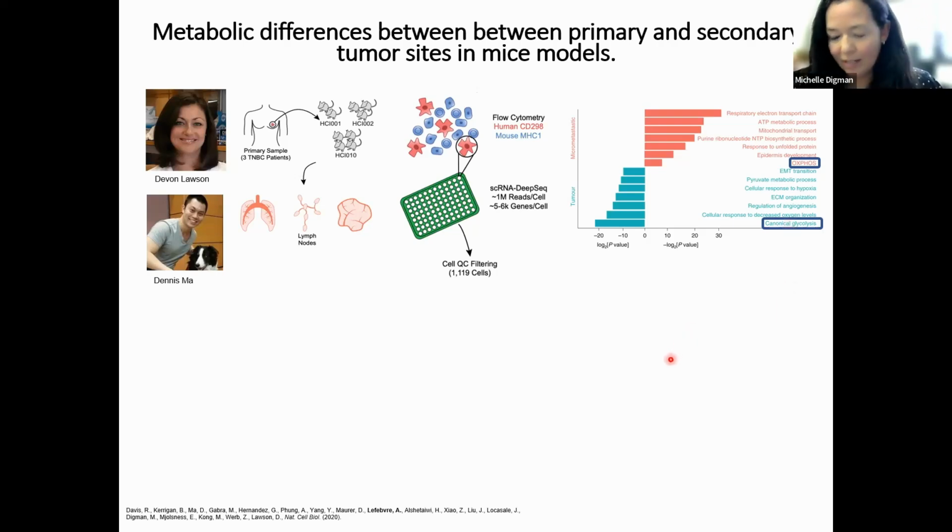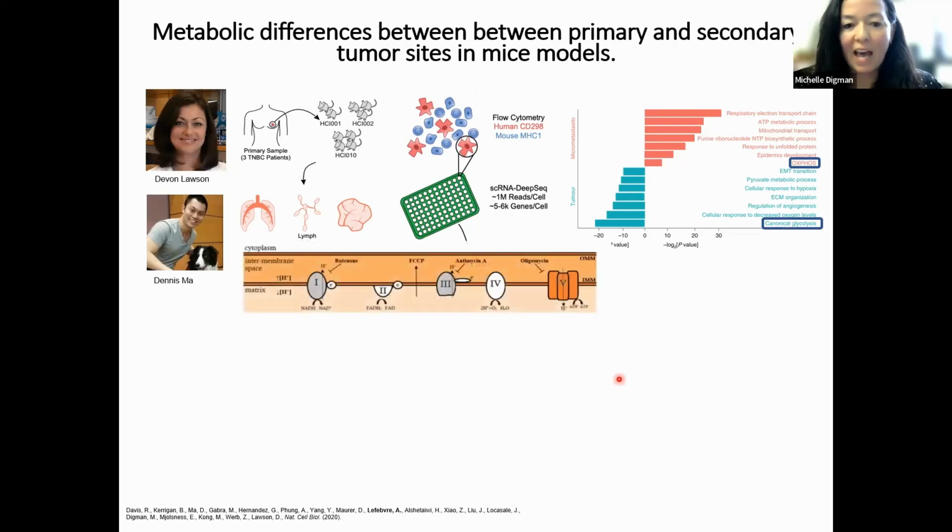So the question was, can we downregulate OXPHOS? Maybe the tumor cells at the tumor site switch to OXPHOS, and then they go to the organs. So what if we are able to downregulate mitochondrial respiration? That way, no cells go to the organs.